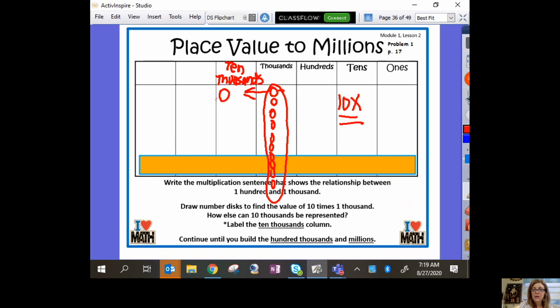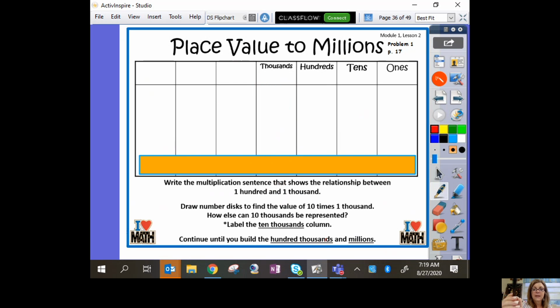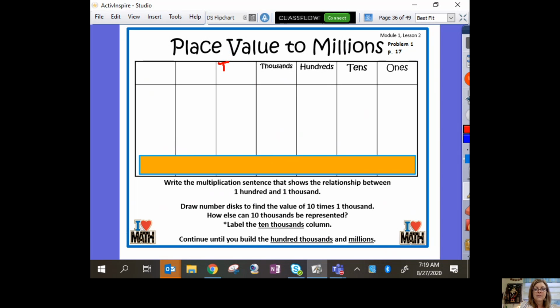So let's continue. I'm going to build to 100,000s. If I have one of my 10,000s and I multiply it by 10, then I would have 1, 2, 3, 4, 5, 6, 7, 8, 9, 10 10,000s. So we have 10 discs in our 10,000 place, and I can bundle those 10.